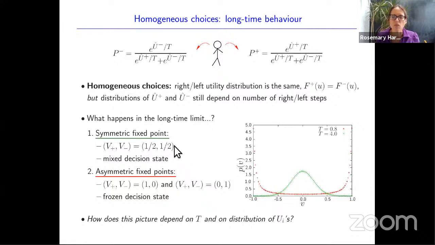And so the symmetric fixed point. And in red, you have a low value of noise, and you see the distribution is peaked around -1 and +1. So this frozen state where you're only going right or only going left. And the question then is, well, how does this picture depend on the details? How does it depend on the level of noise, and in particular on the distribution of the utilities?